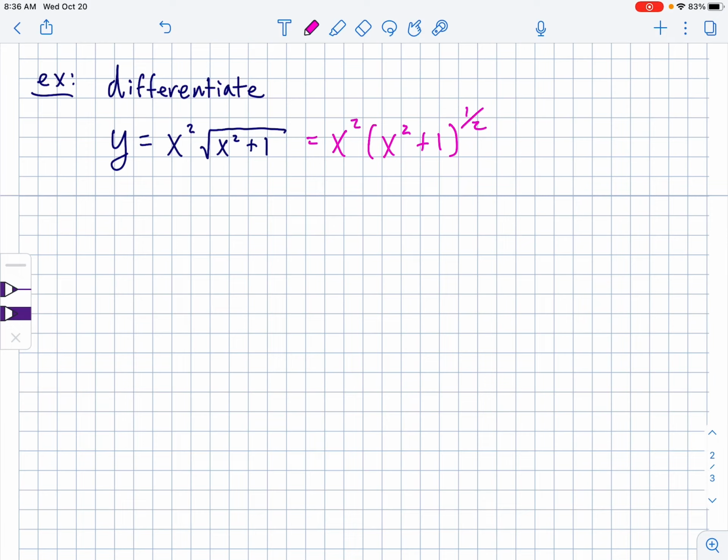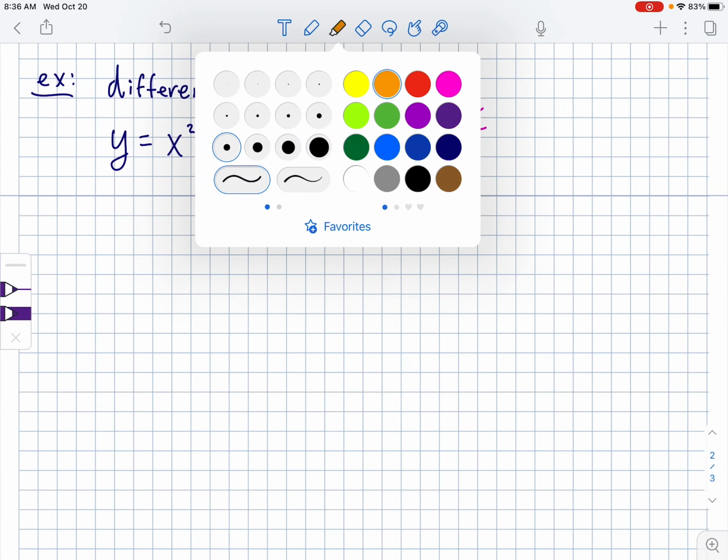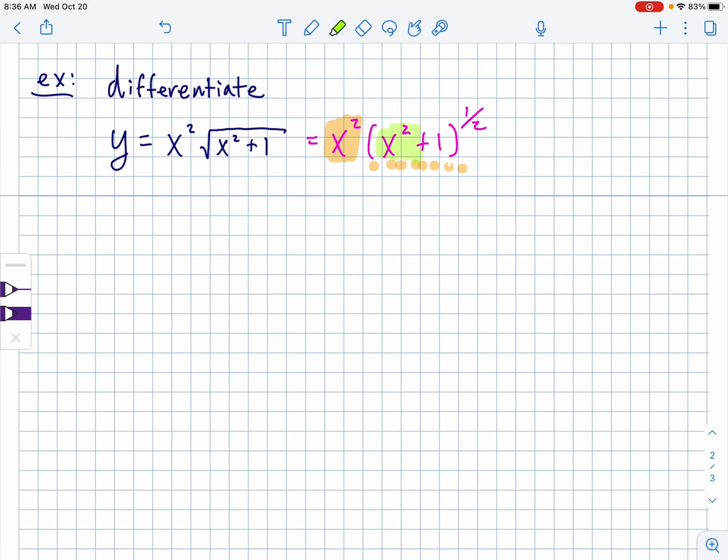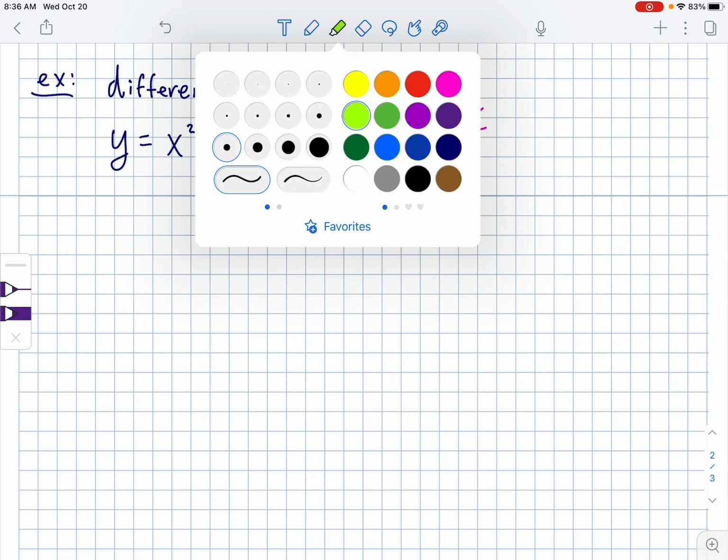Ooh, you guys, a double whammy. We're going to have to rewrite this. Now, the reason I call this a double whammy is because if you look at the two functions, the first function is very straightforward, an x squared. Nothing's fancy about that. But the second function is a chain rule.